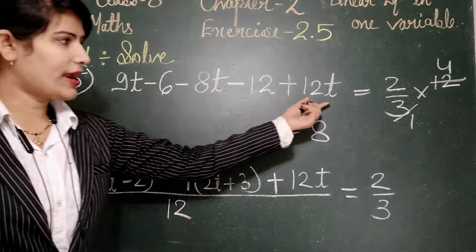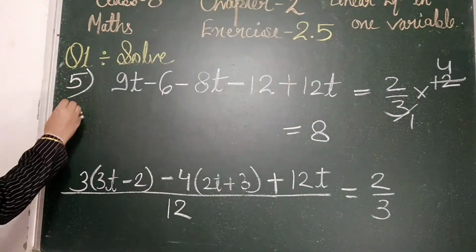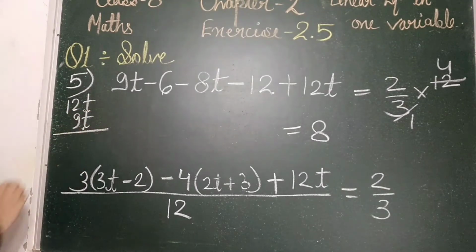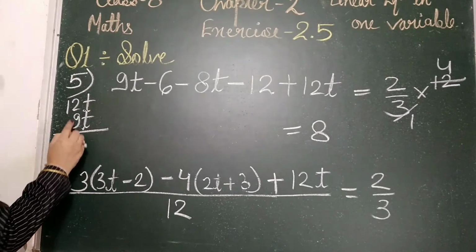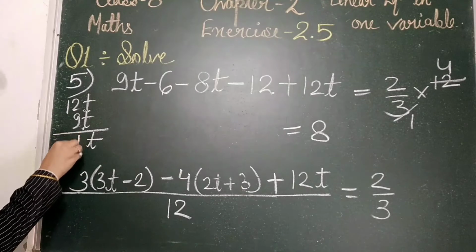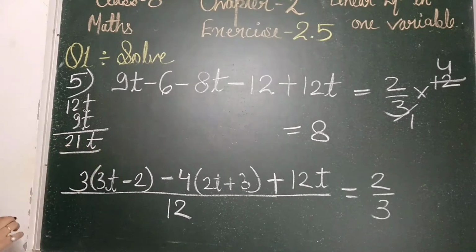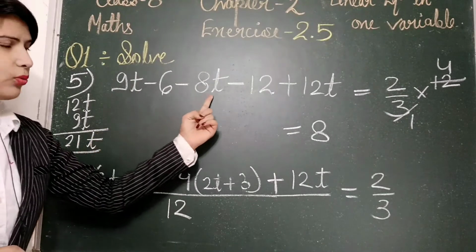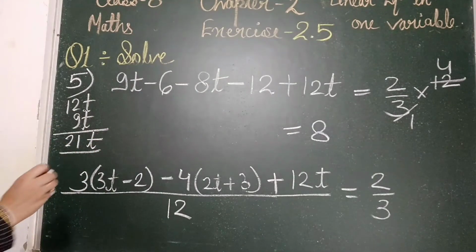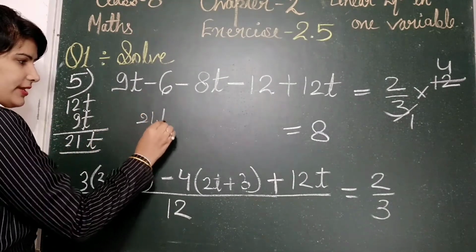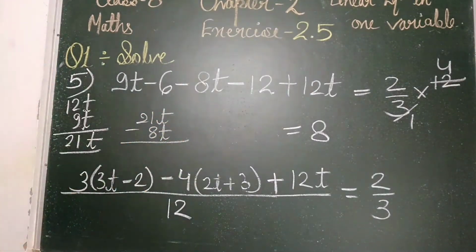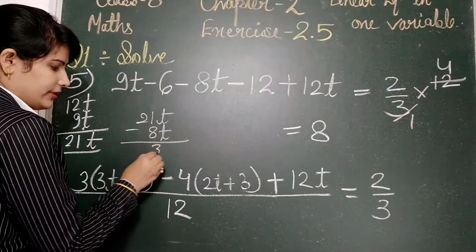Solve the t terms. Now 12t plus 9t here. 12t plus 9t, what do you get? 21t. Now 21t minus 8t. What do you get? 13t.